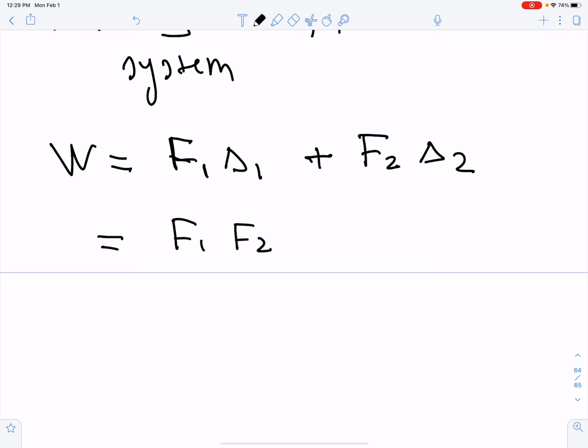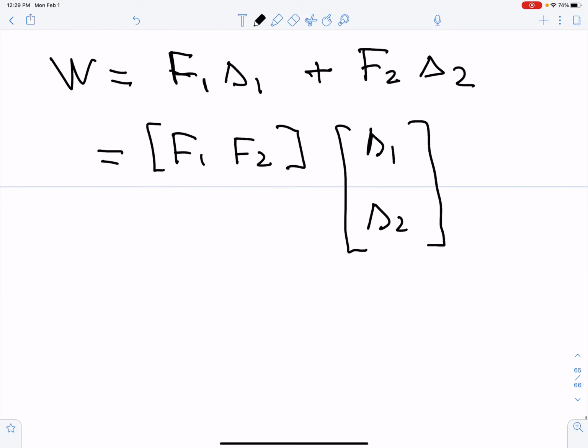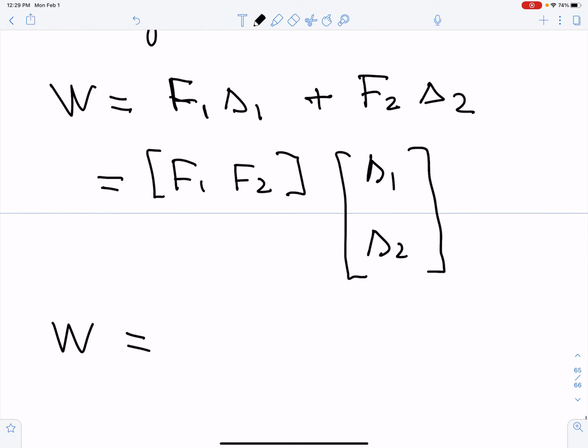So one way to express this would be F1, F2, we package them into a row vector times a column vector that looks like delta 1 and delta 2. Now, there's another way to write the work. Supposedly now you're working in a local coordinate system, and the same quantity in a local coordinate system.